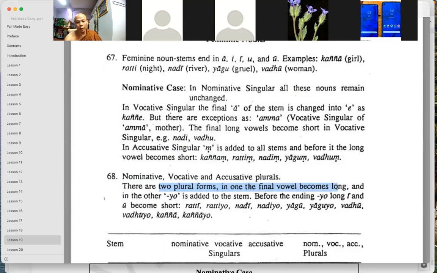The other form is where yo is added to the stem. But before yo, the long vowels I and U become short. That is right. So kanya yo, rati yo, nadi yo, yagu yo, wadu yo. In this way.